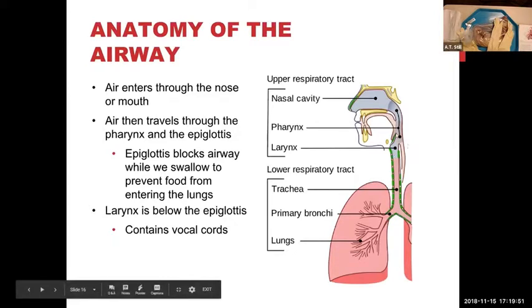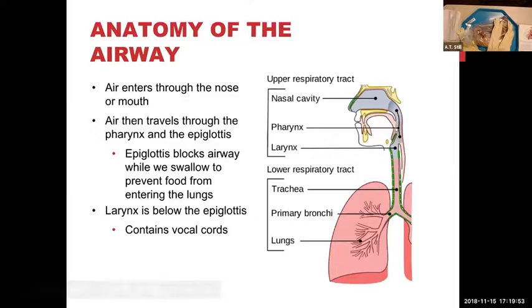Where it's going to be oxygenated. And if we look up here at this structure right here, that's called the epiglottis. So the epiglottis is special because when we're eating, we need to make sure that our food goes into our esophagus, which is just behind the trachea here, because we don't want our food to go into our trachea. I'm sure you all know what it feels like to choke on your food or have your food go down the wrong pipe.